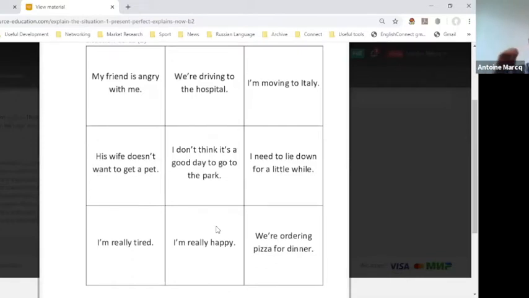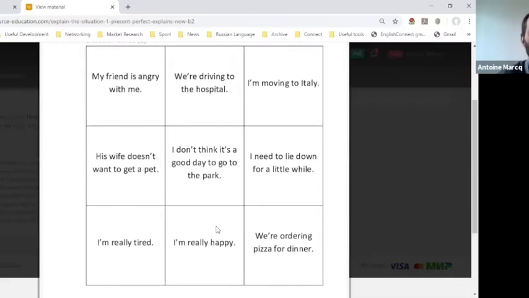His wife doesn't want to get a pet. Well, I've been telling my wife I want a dog for ages. I've actually always had a dog, except for when I was living with my wife. I've been showing her cute puppy videos from the internet, but that hasn't changed her mind.